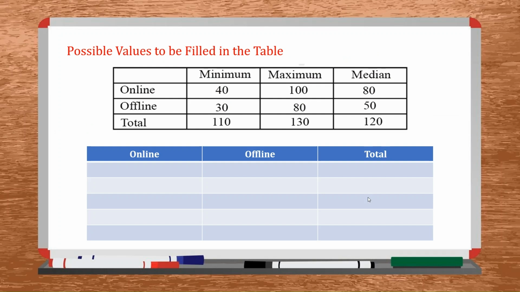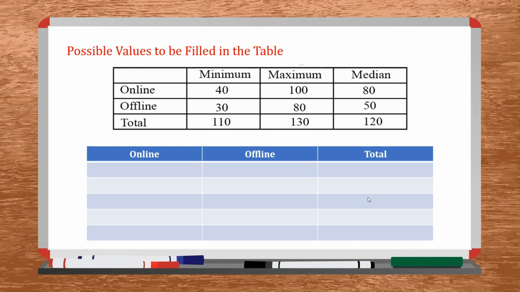Next, now let's try to find out a table from where we will be picking out the values from our possible solution set. So we know that there are five numbers for online registration, five numbers for offline registration, and five numbers for total registration. So we'll be taking these 15 values and filling them into the green table that we previously saw.